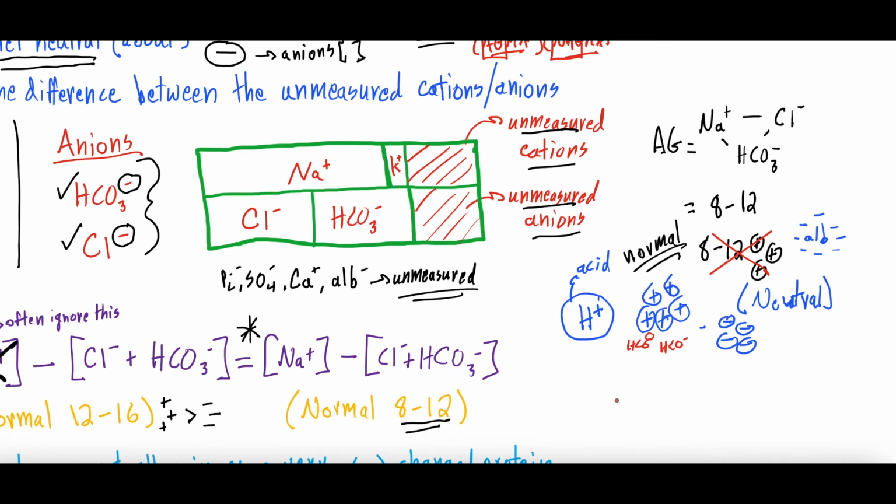If you have less bicarbonate, in this equation, sodium minus chloride plus bicarbonate, your bicarbonate has gone down, so this is going to equal a higher anion gap. And that tells you something, whereas the body compensates for these changes to keep the blood net neutral.